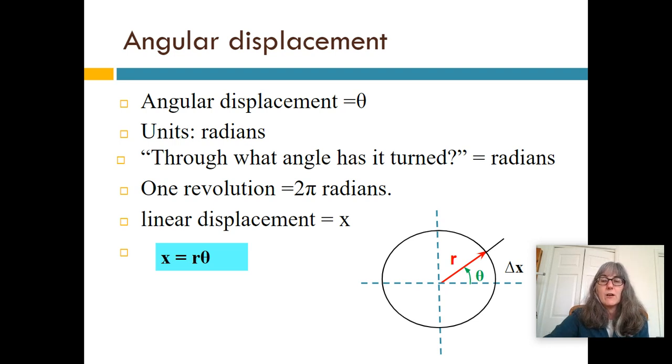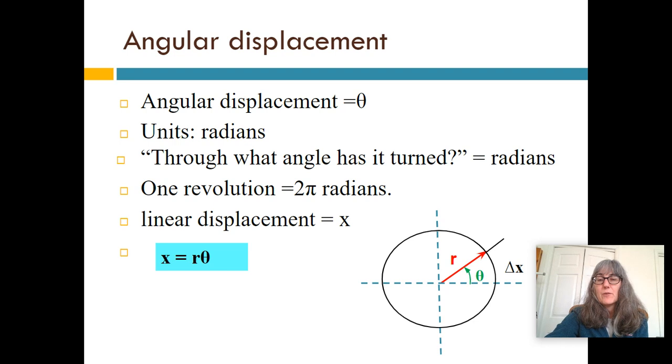So r is the radius here. That distance that you travel, the x value, so if you're walking in a circle, for example, you're going to cover the same rotational distance, the same angular displacement, no matter how far from the center of the circle you are. That's what Calvin and Hobbes were getting at.